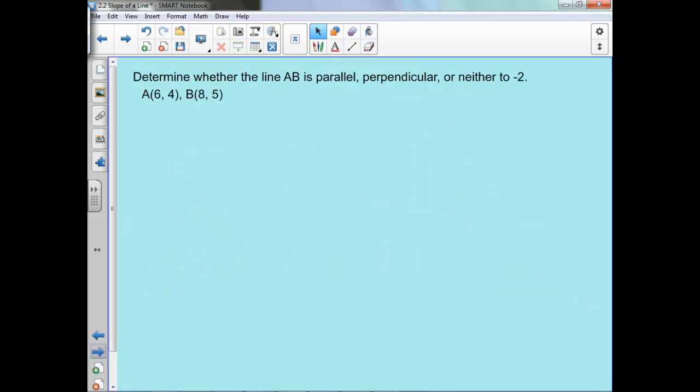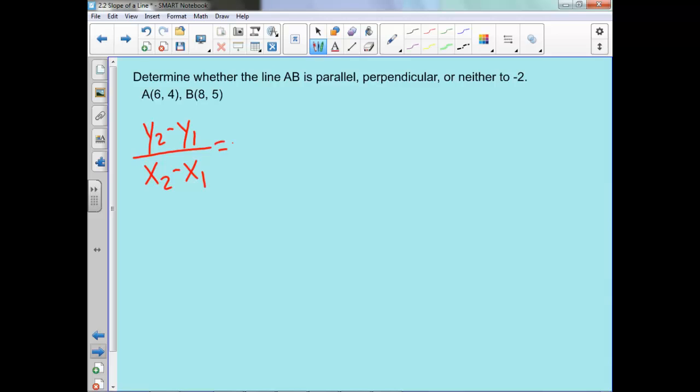So now we have to figure out whether the slope that's between these points is parallel, perpendicular, or neither to a slope of -2. So first off, we'll find the slope between these two points. Once again, y2 minus y1 over x2 minus x1 is our slope.